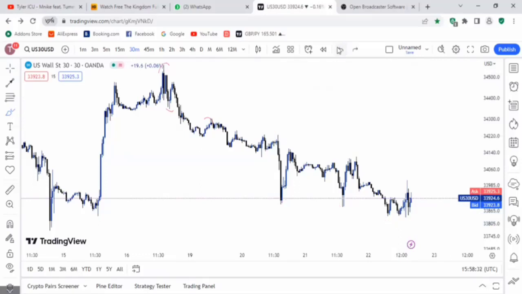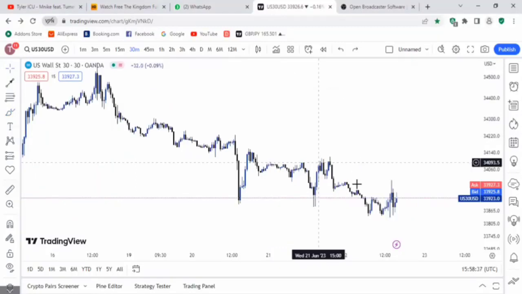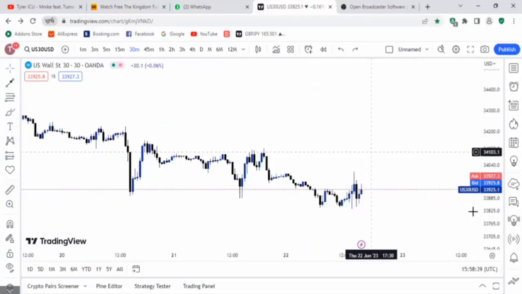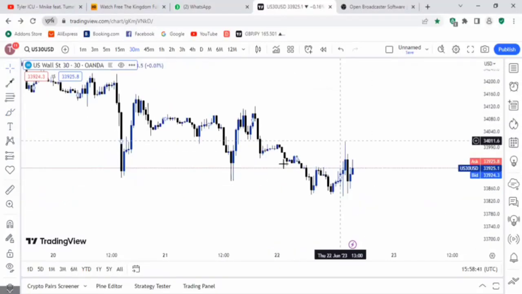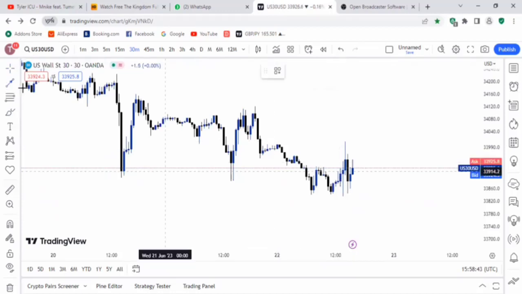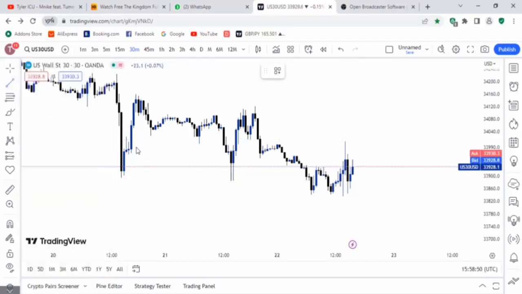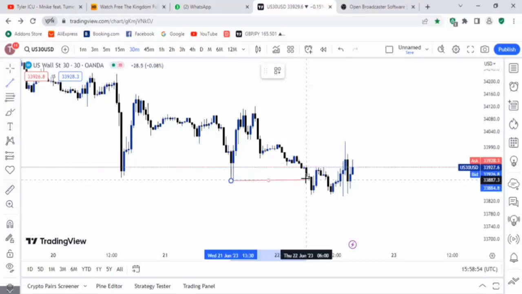So after this, I'm going to focus again on the current structure here. What is happening is that we are having a break of market structure here.